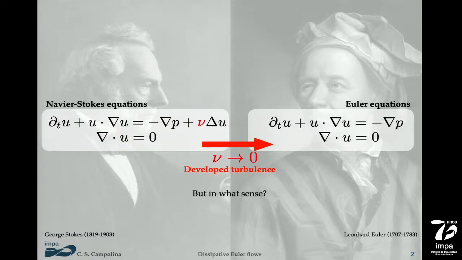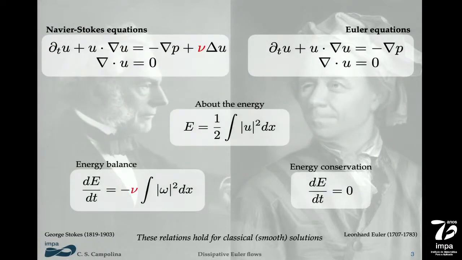And Alexei and Simon talked a lot about this topic, and I'm going to talk about a specific object today, which is the energy and the conservation of energy. We know from the first lectures by Alexei that the total energy of the flow is given by half of the integral of u squared.